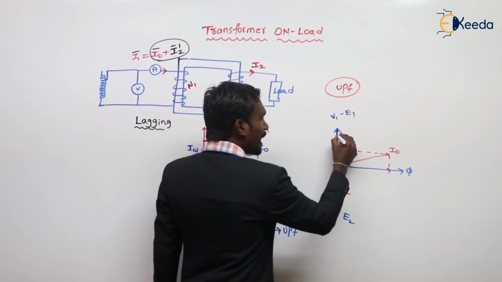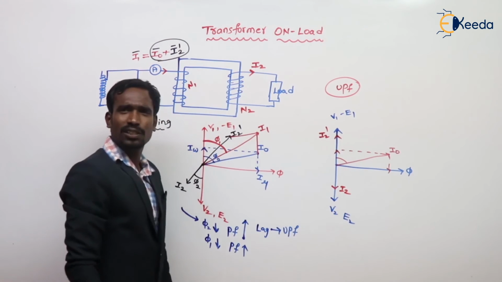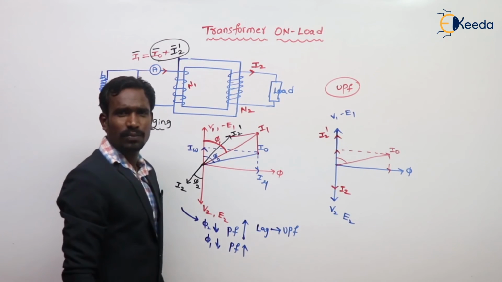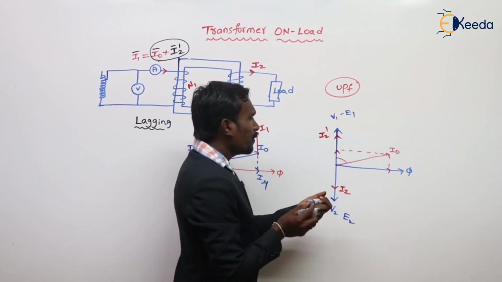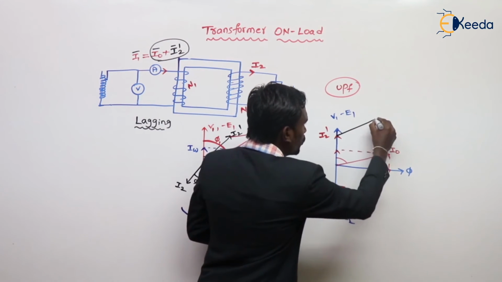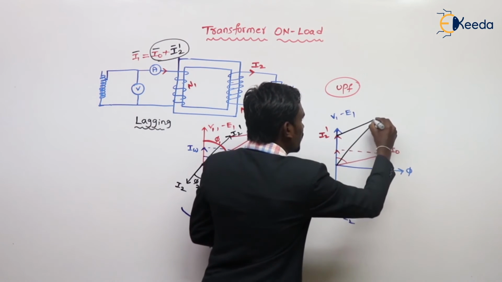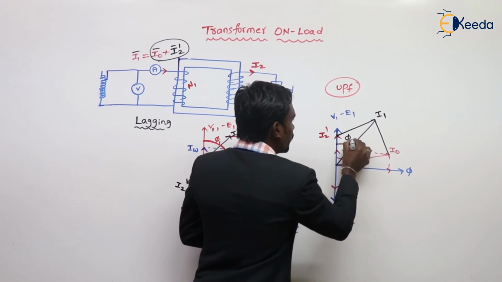What is my I2 dash? This is my I2 dash, exactly opposite direction. The sum of I2 dash and I naught is I1. This is the angle phi 1.